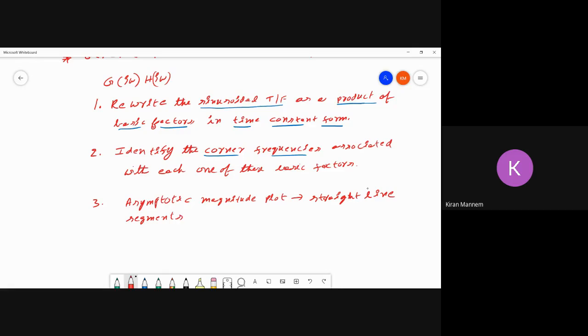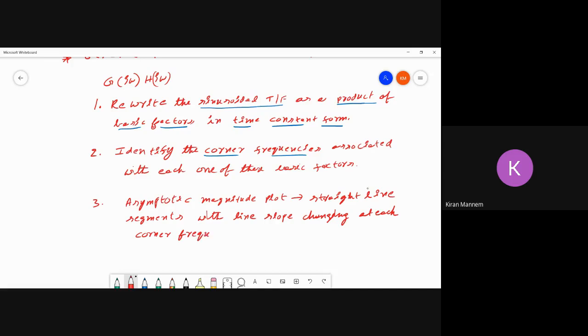What are these? It's straight line segments with line slope, that is asymptotic line slope, changing at each corner frequency. What is that?